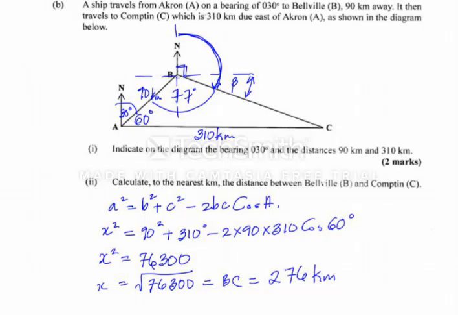Also, if you look carefully, you can see that this angle beta is the same as angle C. They're alternate angles. So therefore, since we can find C, we can find beta.